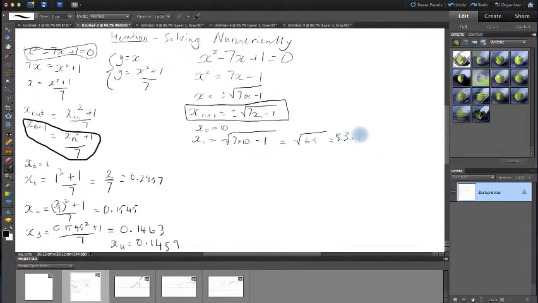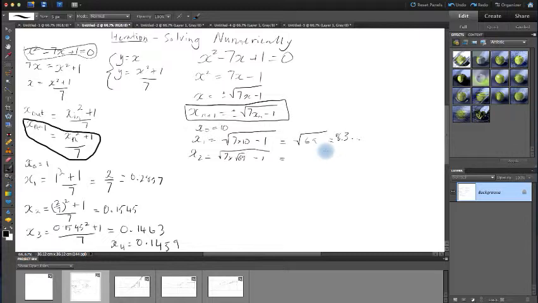Now to find our second value, x2, put this value into it. So I'm going to do 7 times, now I'll write the exact value because I don't want to write something inexact in there, minus 1 will get us the next value.